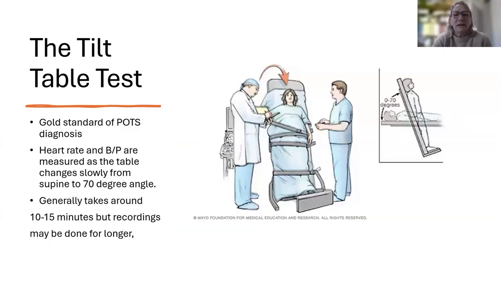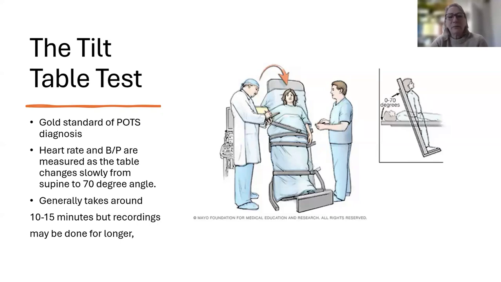And diagnosis, once you've ruled out all of those other things, is actually very simple. It's pretty much a 10 to 15 minute test, and it can be done as a tilt table test, which is the gold standard of POTS diagnosis. There are 3 places in Canterbury where you can get this done, including the Funny Turns Clinic at the Canterbury Hospital.